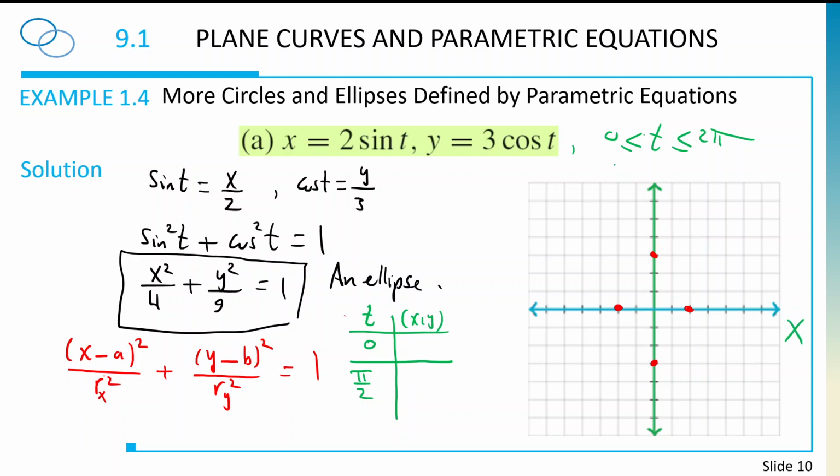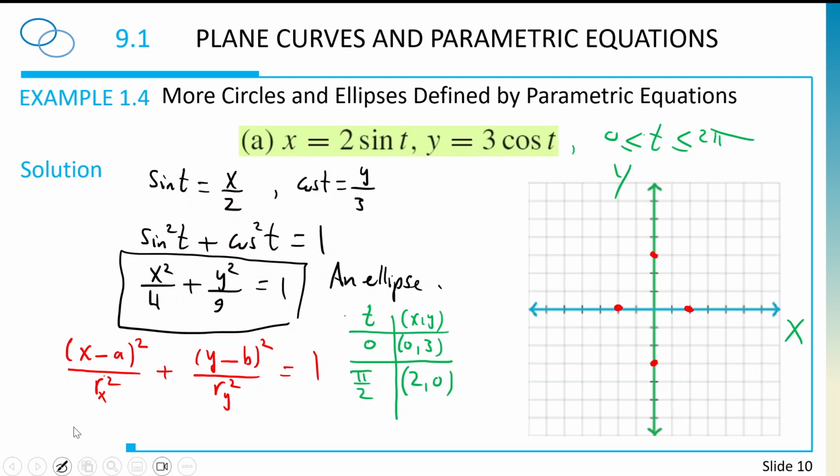This is x, this is y. If t equals 0, x is 0 and y is 3. So the first point is 0, 3. Now the next point at pi over 2, we have x as 2 and y as 0.